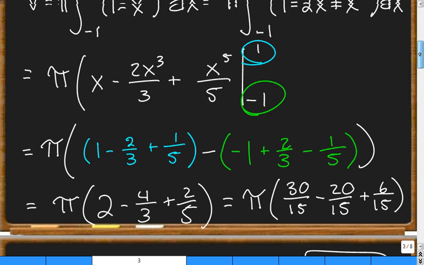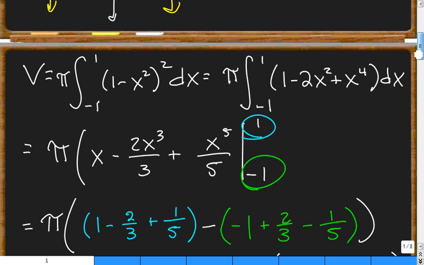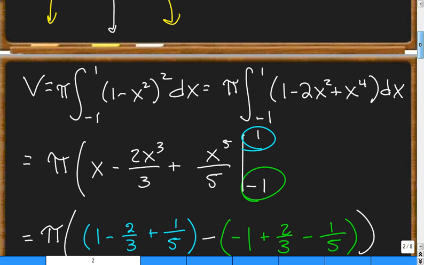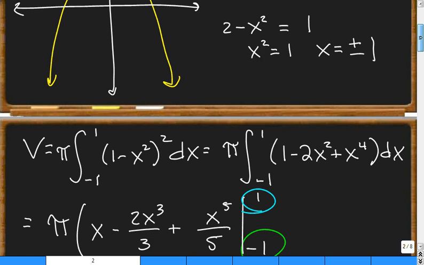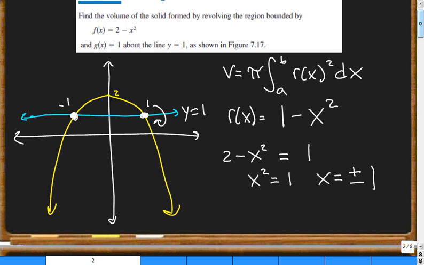Again, really what you need to focus on is finding the function that you're trying to integrate. Because once you do that, you can use your technology in order to check your answer or find your answer. First, you need a picture. You need to decide the parts that are important. The parts that are important to you are your bounds and your radius function.